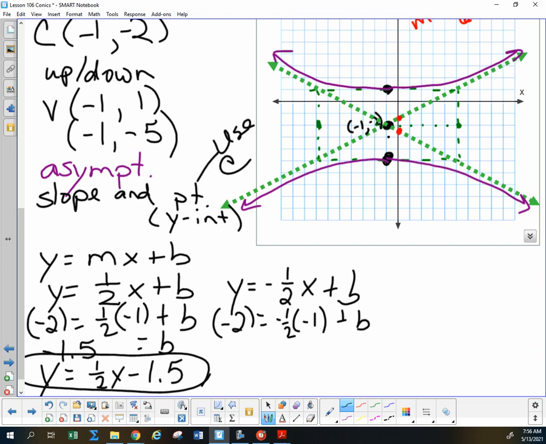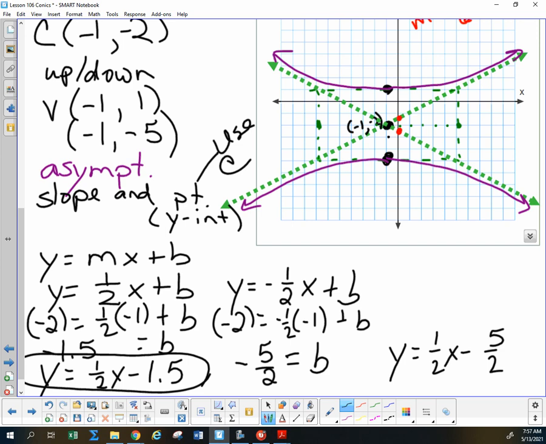This one is -2 minus another half, so -2.5. So -5/2 for b, which means that that equation is y equals -1/2 x minus 5/2. And does that make sense? The one that goes up has a higher intercept, negative 1.5. The one that goes down has a lower intercept, negative 2.5.